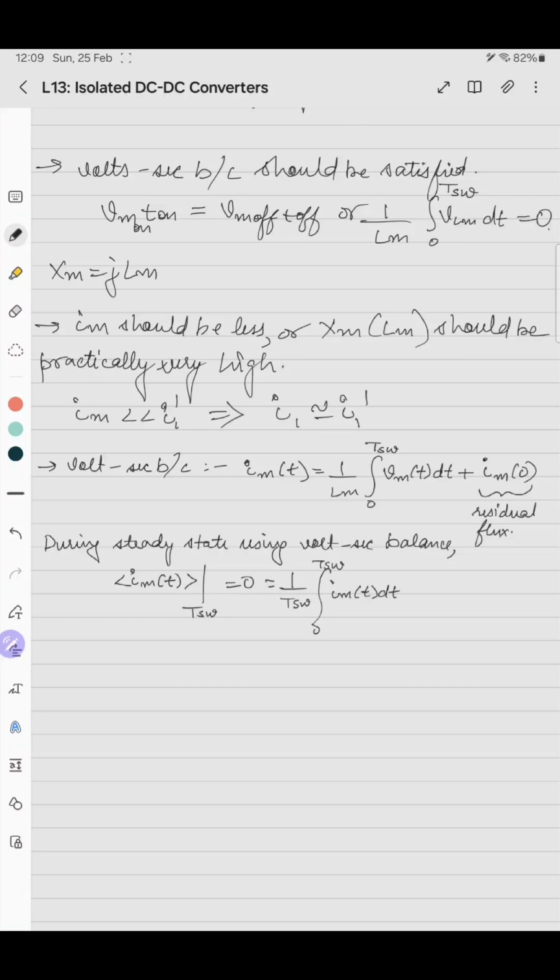Sorry, using the volt second balance, the average value of Vm should be 0 for a cycle. So Vm average is 1 by T switching integral 0 to T switching Vm of t dt. That should be the case. Then the transformer core will not be saturated.